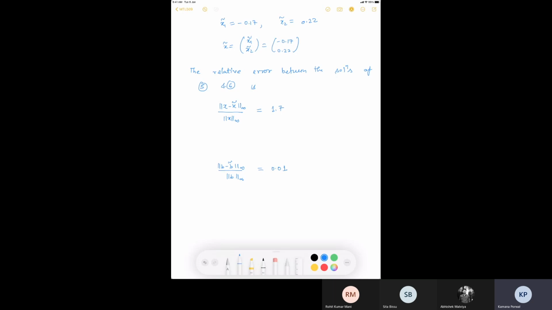So you can see that this relative error in the solution is bigger as compared to the relative error in the right hand side vector.